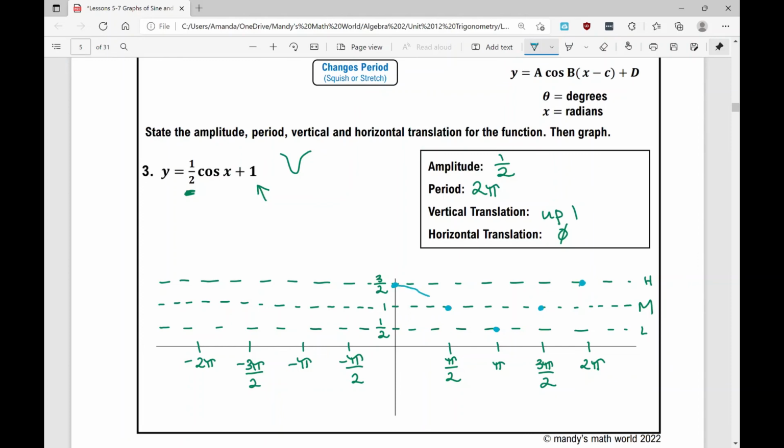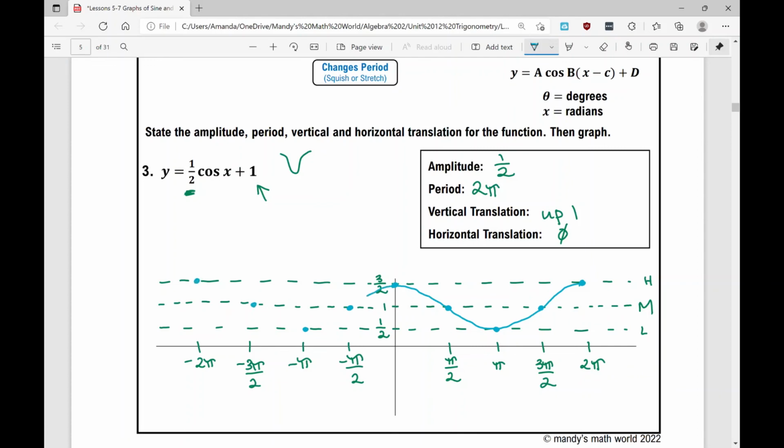It's going to look just like this. There's one cycle, and the length of that cycle is 2 pi. Now let's graph another cycle to the left of our center vertical line. We're up at the high point, we go down to the midline, then down to the low line, then up to the midline, then up to the high line.